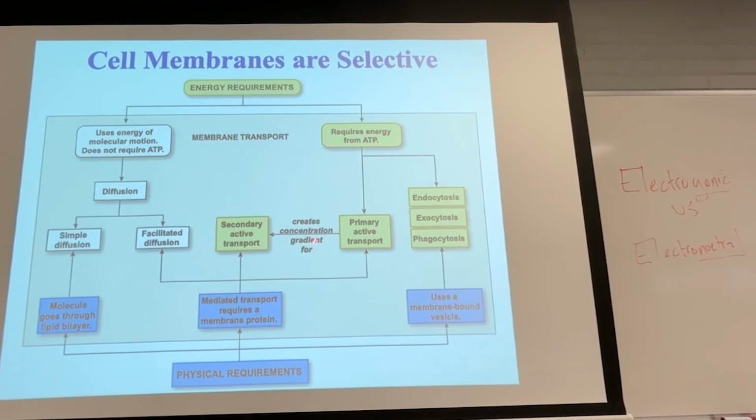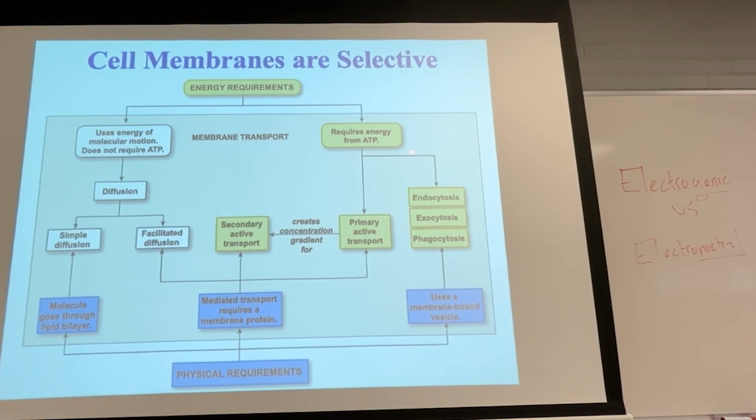And really, you can store that indefinitely. It's not like you're going to lose it. As long as the membrane's intact, you can make a concentration gradient and use it immediately, or use it 2 days from now. It doesn't matter. The gradient's always there. So secondary active transport is using ATP indirectly by using the concentration gradients to pump stuff. I'll give you some examples here in a minute.